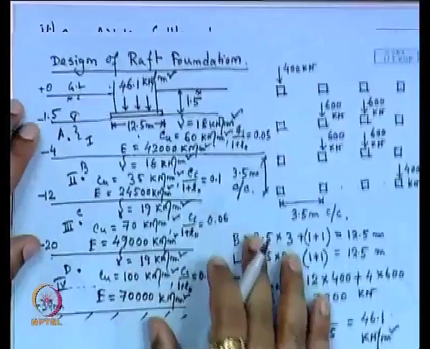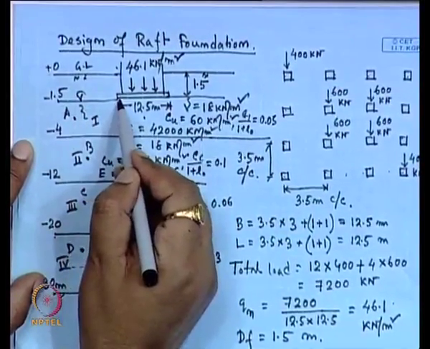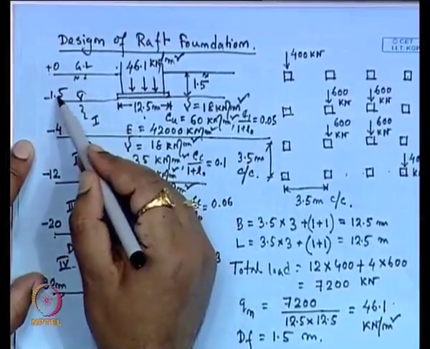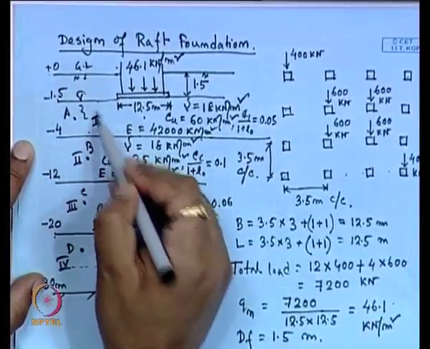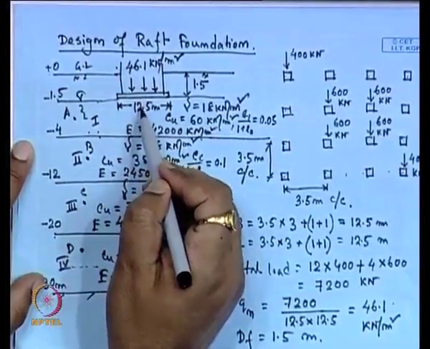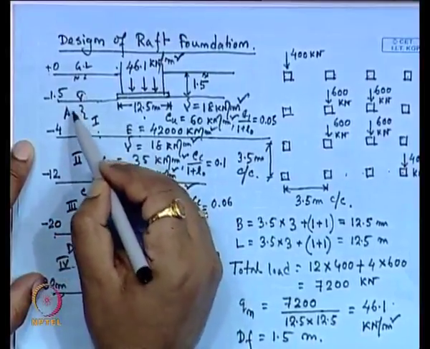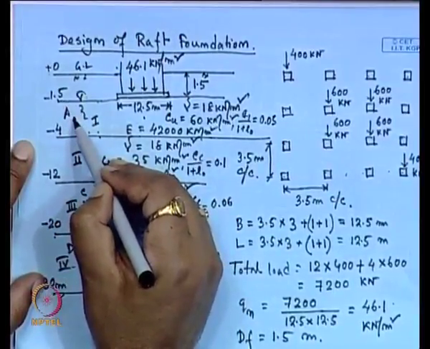So the A point is the center of the first layer. The first layer below the base of the foundation is 4 minus 1.5, so 2.5 is the thickness of this first layer below the foundation. The middle point A is the middle point of this thickness, so we are taking 1.25 meters.